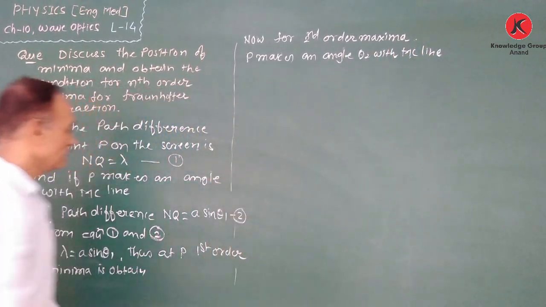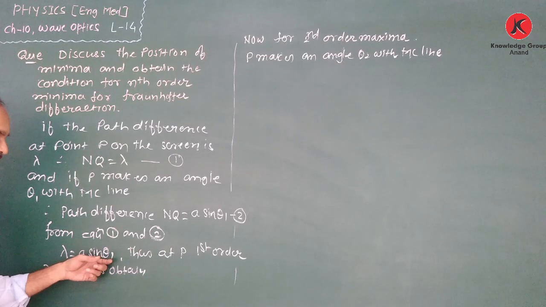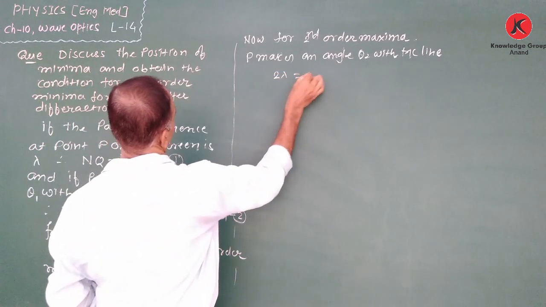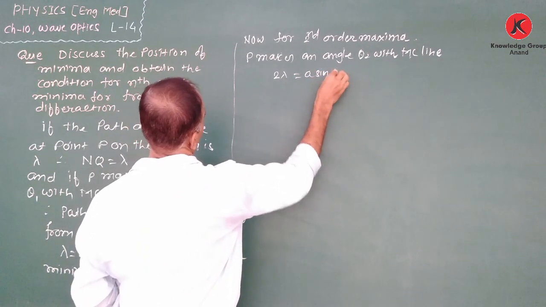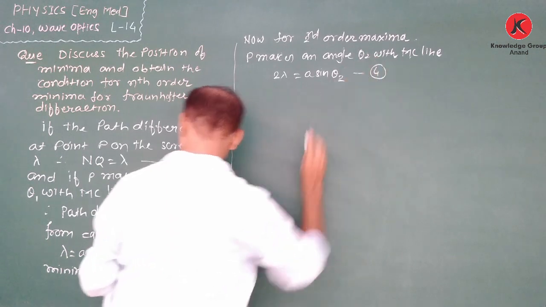Therefore, our equation: for first order, single lambda, for second order, 2 lambda, and here the angle is theta 1, here the angle is theta 2, therefore 2 lambda is equal to a sin theta 2. That is our equation number 3.